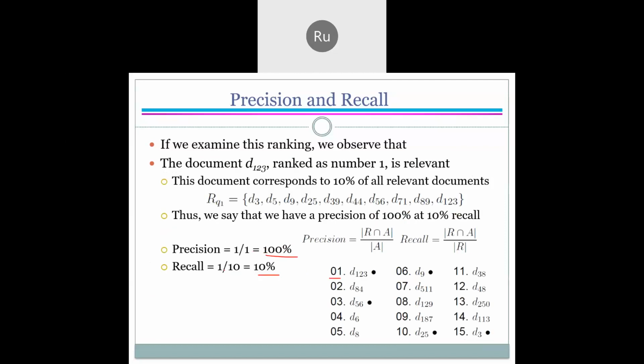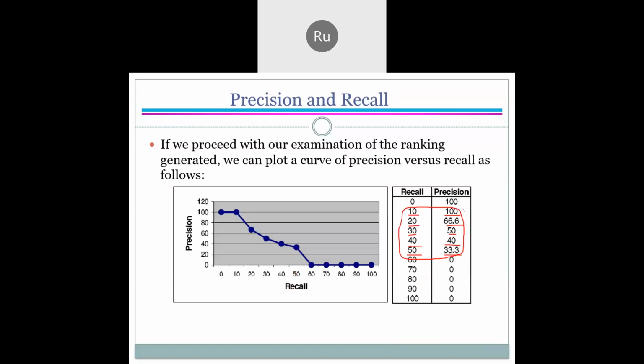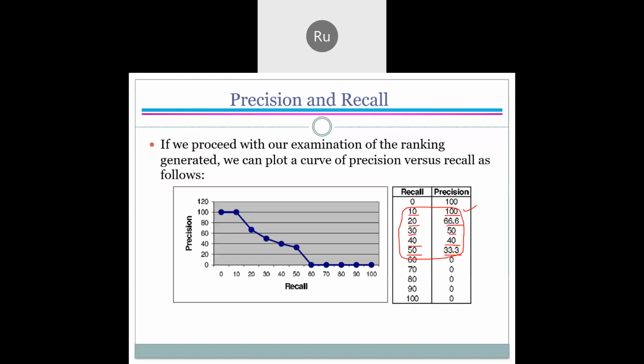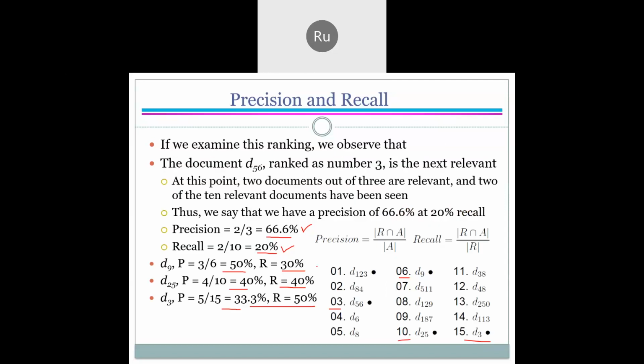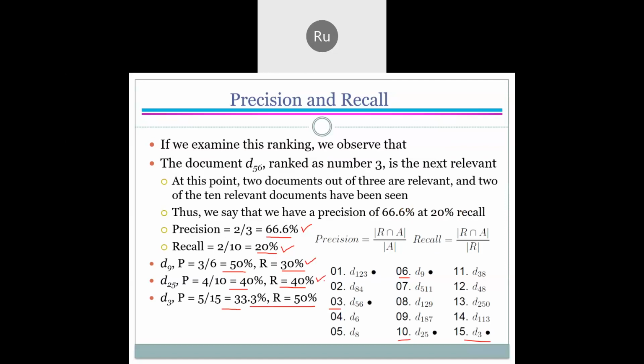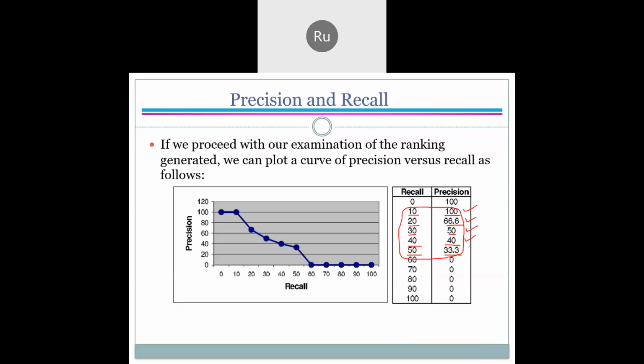At 10% recall, we have 100%. At 20% recall, we get 66.6. At 30% recall, we get 50. At 40% and 50%, we get 40% and 33.3. And we do not have 60, 70, 80, so they're all zero here.